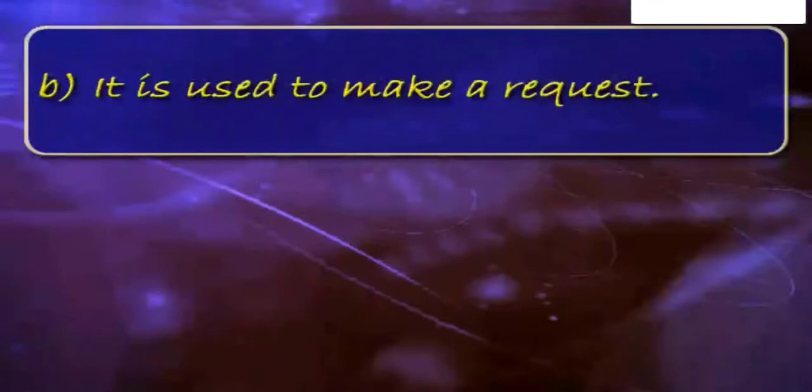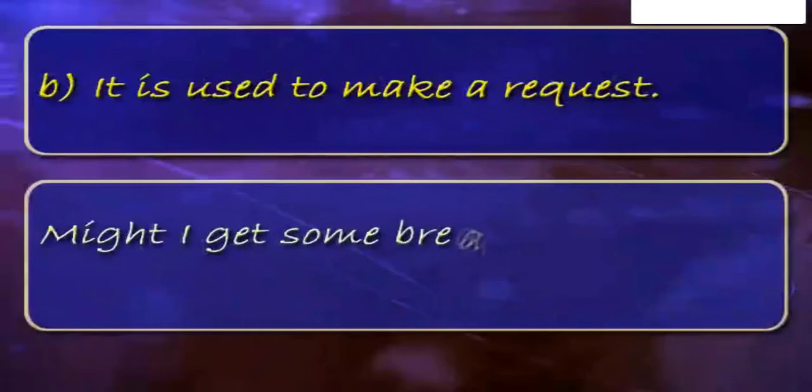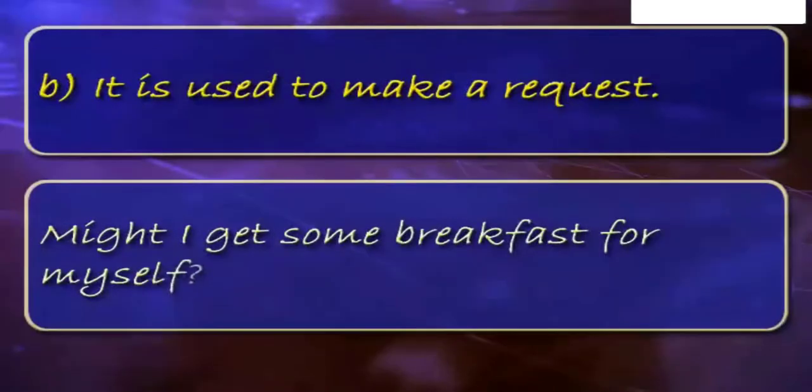B. It is used to make a request. Might I get some breakfast for myself? Here, might is used by me to request another person to allow me to get some breakfast for myself.